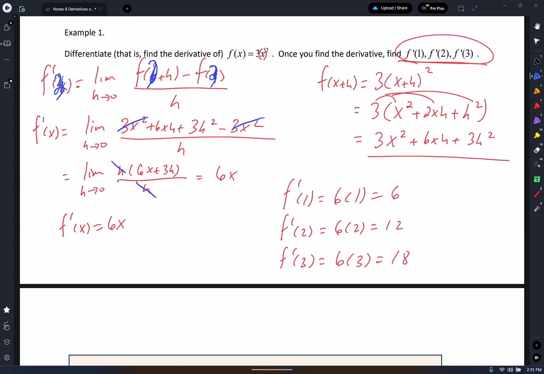Yeah, the derivative at a specific x value is the tangent slope at that x value. It's the same. I wouldn't call it simpler. It's just the same, to find an instantaneous rate of change.